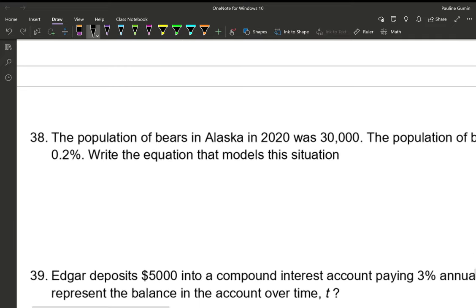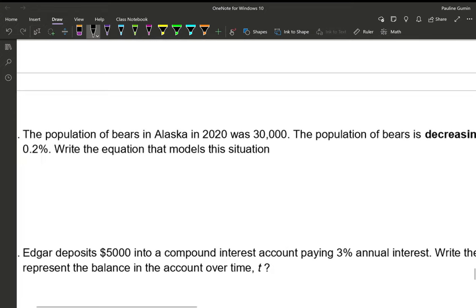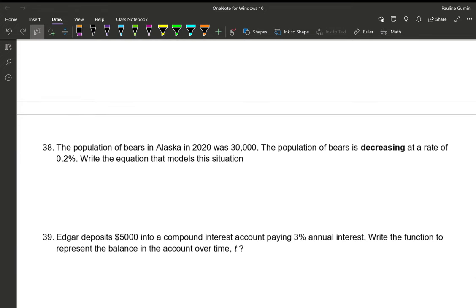Okay, 38. The population of bears in Alaska in 2020 was 30,000. The population is decreasing at a rate of 0.2%. Let's write an equation. Okay, so first we need to write down what we begin with. 30,000. Then we have a parenthesis and a 1. We decide whether it's a plus or minus depending on if we're increasing or decreasing. And it looks like I'm decreasing, so I have a minus.